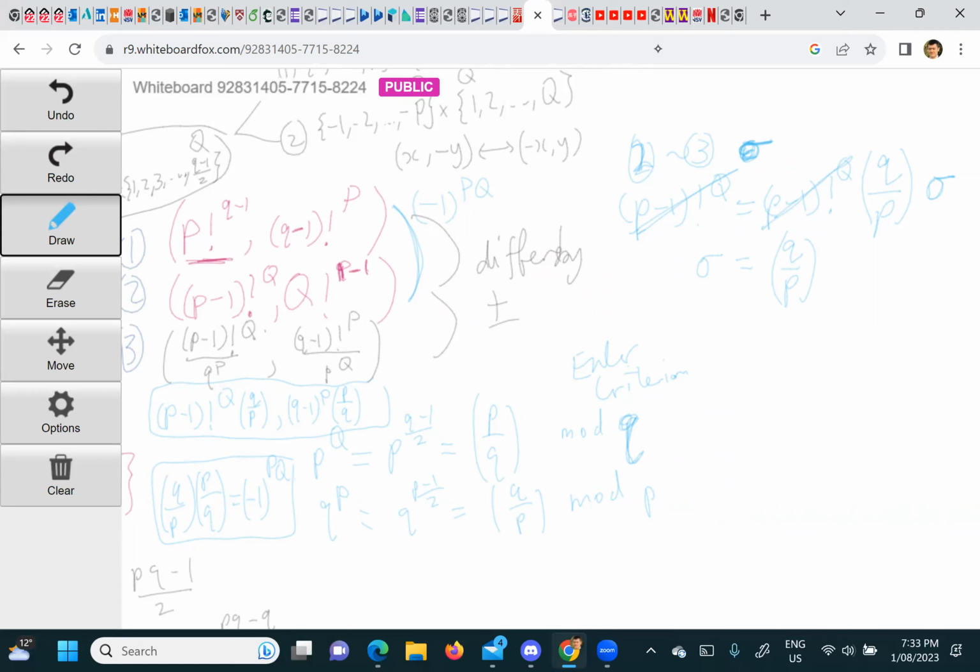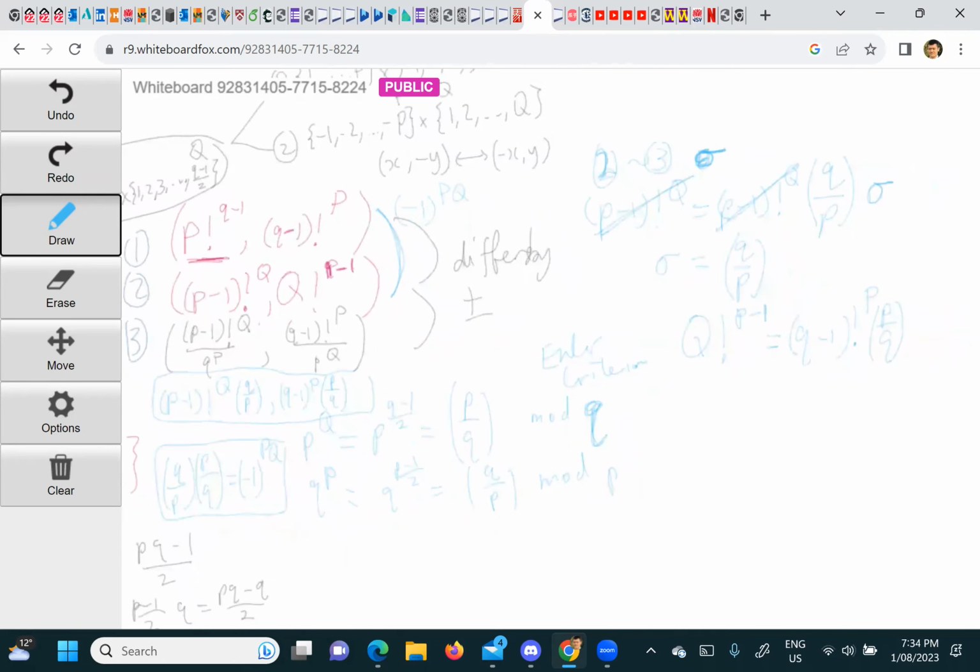On the right side, you get q factorial to the p minus 1 equals q minus 1 factorial to the capital P, p over q, and then times sigma.